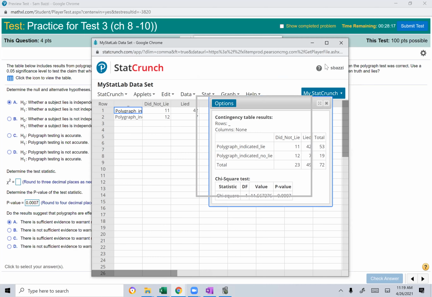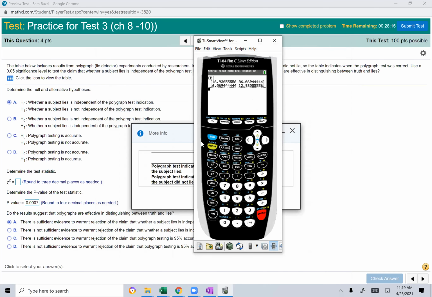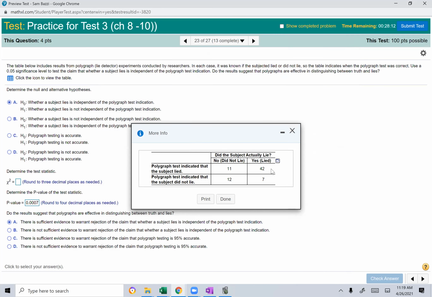Okay. And the way we did the expected values by hand, if you remember, guys, we did the total here and we did the grand total. And to find the expected value of 11, you have to take the total of the row that 11 belongs to times the total of the column that 11 belongs to and divide by the grand total. But you don't need to do that. The calculator can do all of this for you.